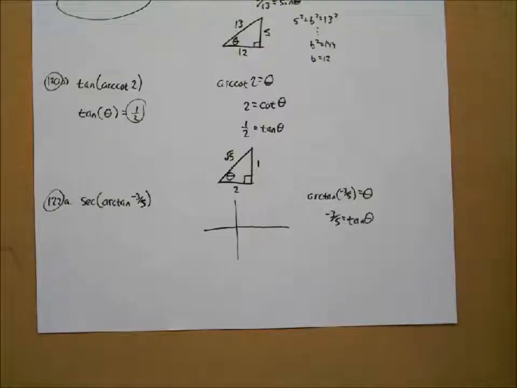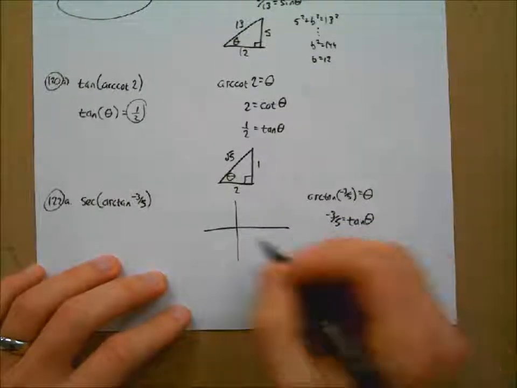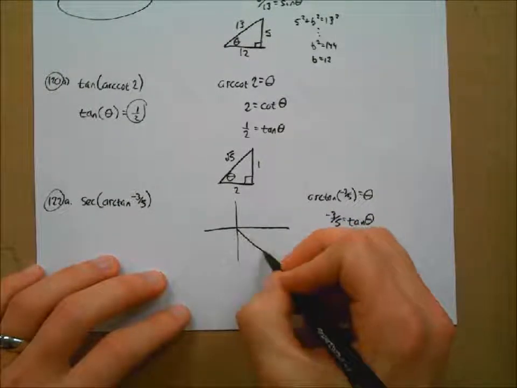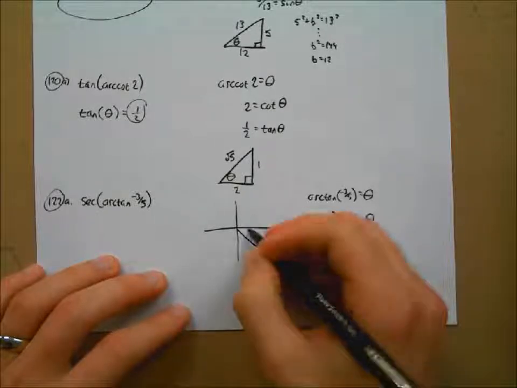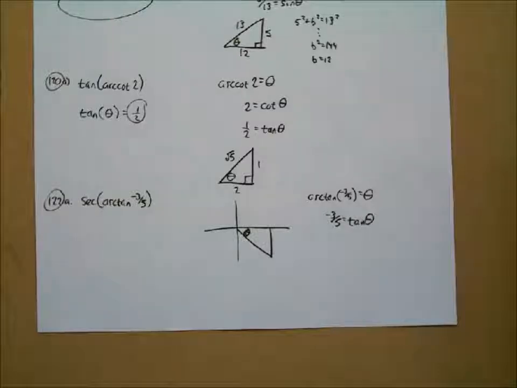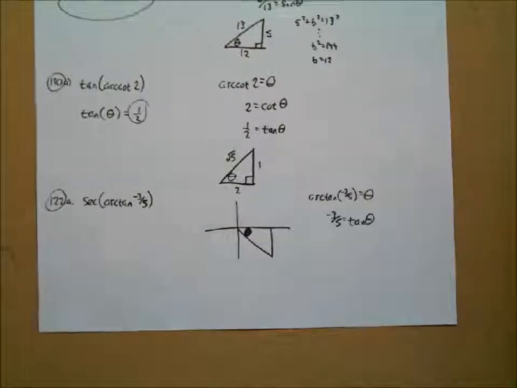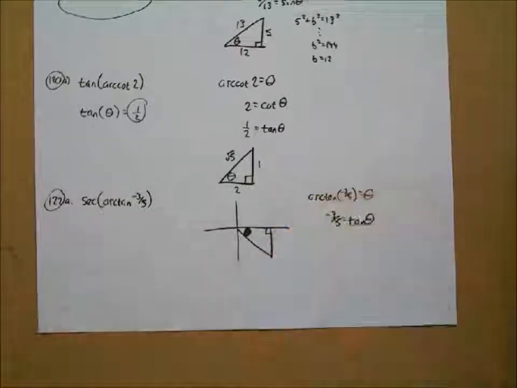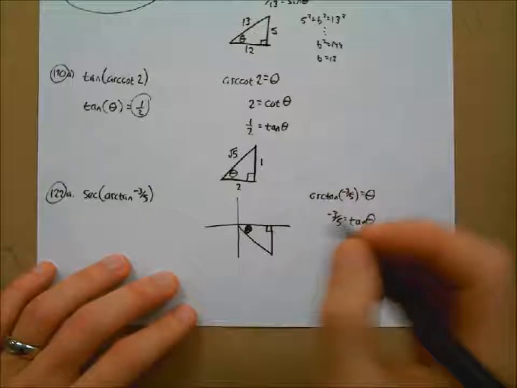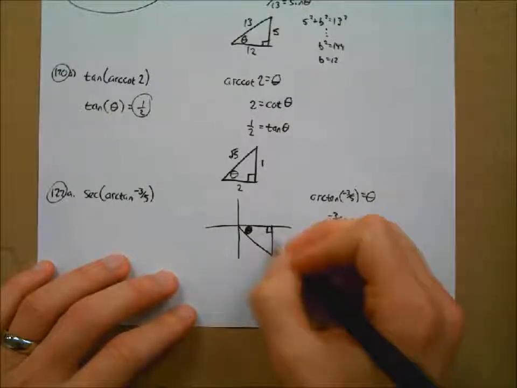Okay, to be in our quadrant here, I'm going to just draw the triangle down here in the 4th quadrant. There's my theta. Kind of messy. There's the right angle there. And then opposite is going to be 3, and since we're going down from the x-axis, that is where our -3 is.